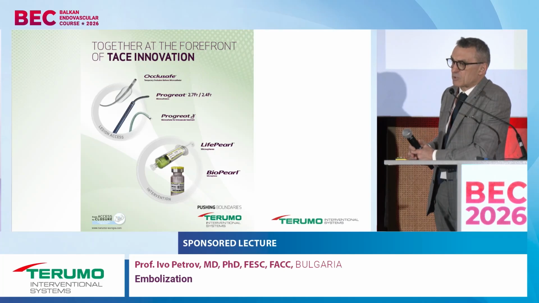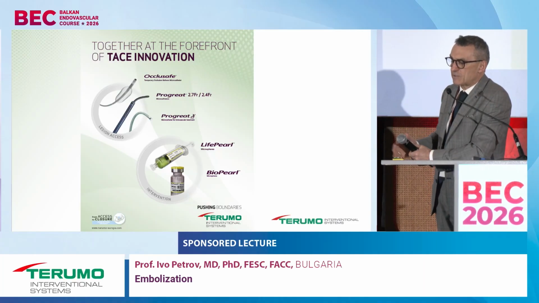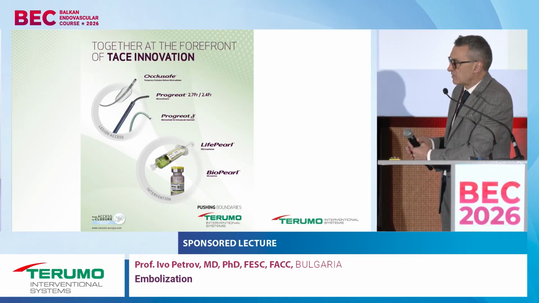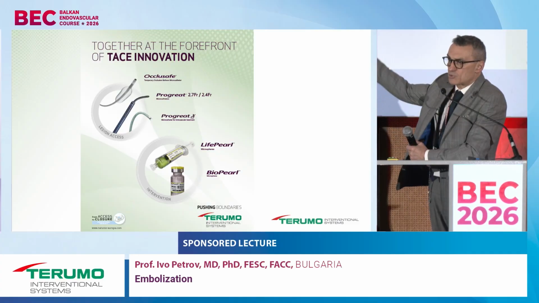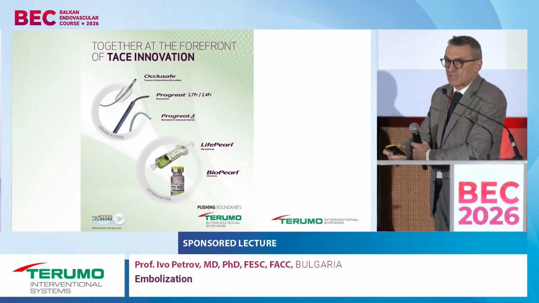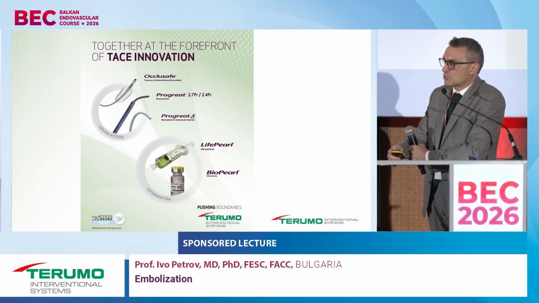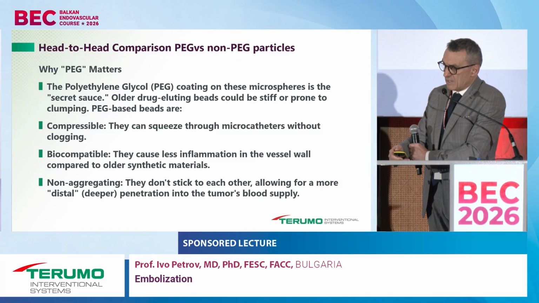Nowadays, for embolization of different kinds of pathology, we have specific and dedicated embolization materials, and this is very important. We are going to see during the presentation how important it is to use the exact embolization material for the exact pathology.